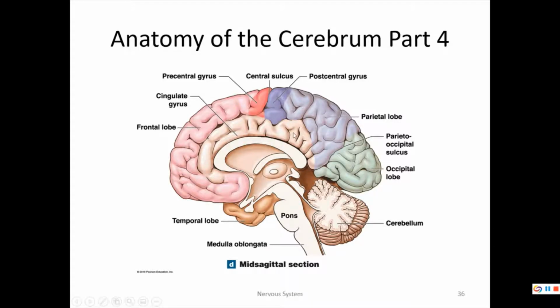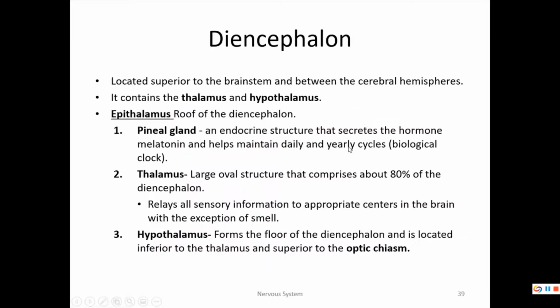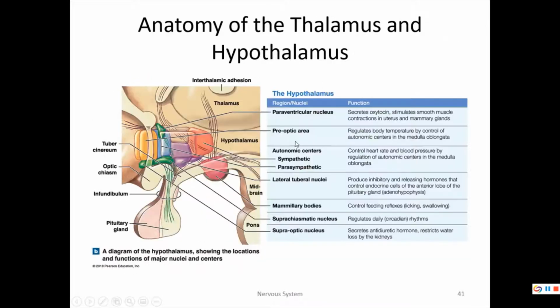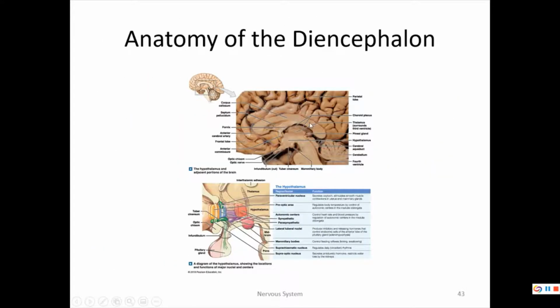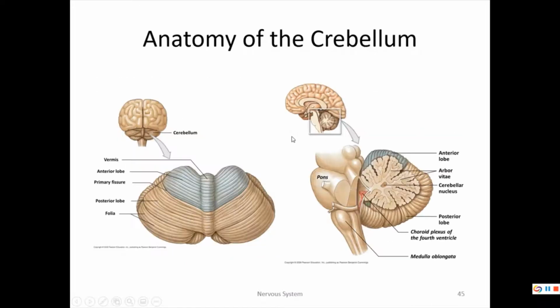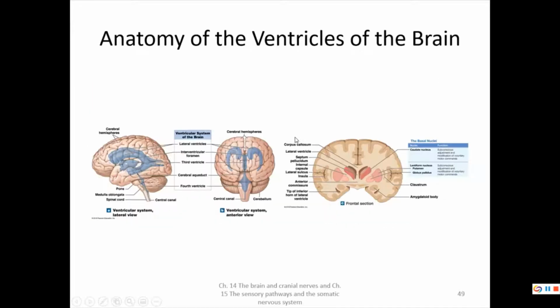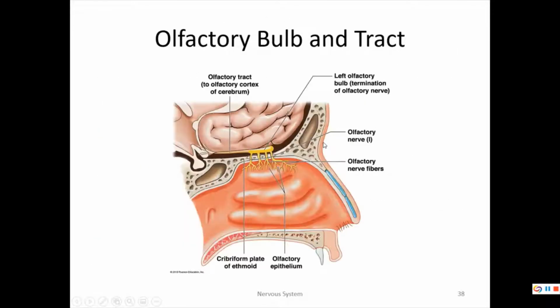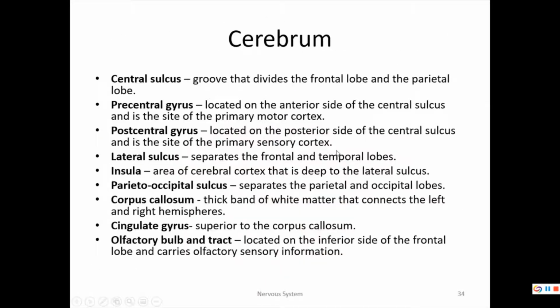I believe it is labeled somewhere else, and those are the only places it's labeled. I might go through and do some other edits to my notes to get that there as well. Now, the cingulate gyrus, we show that.